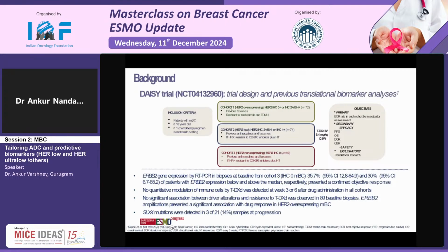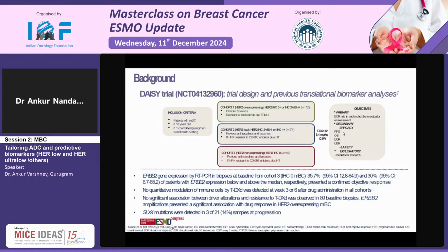The patients were divided into 3 cohorts. The first cohort was HER2-expressing, where HER2 IHC 3+ or 2+ with FISH positive was taken. In cohort 2, HER2-low, HER2 IHC 2+ FISH negative or HER2 IHC 1+ were taken. And in cohort 3, HER2 non-expressing, IHC 0, was taken.